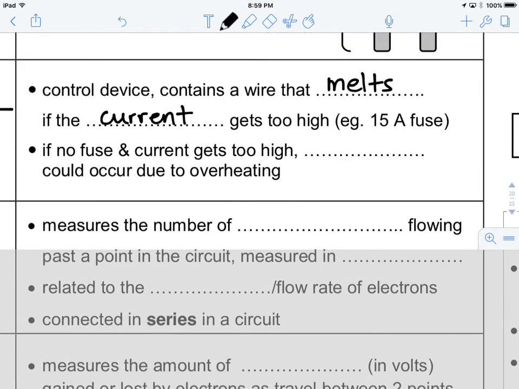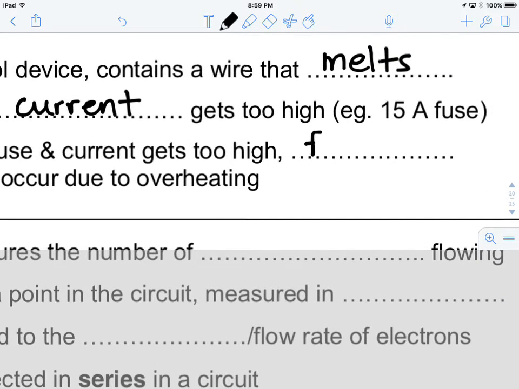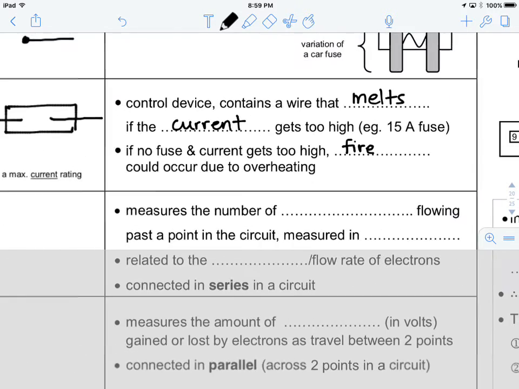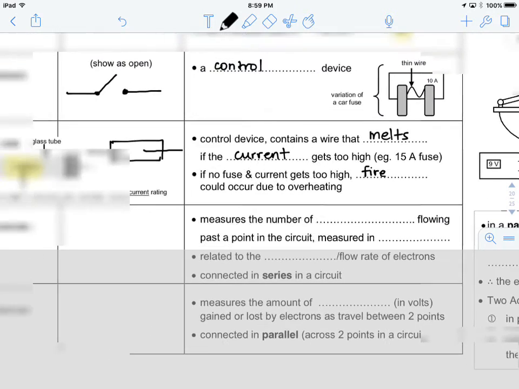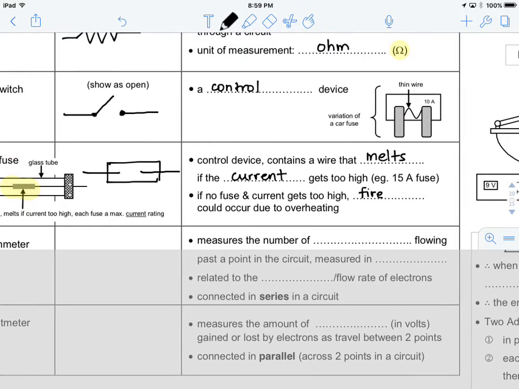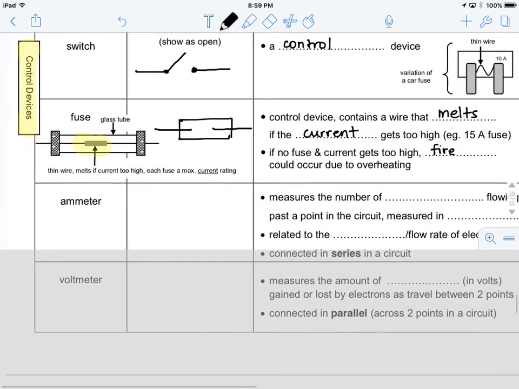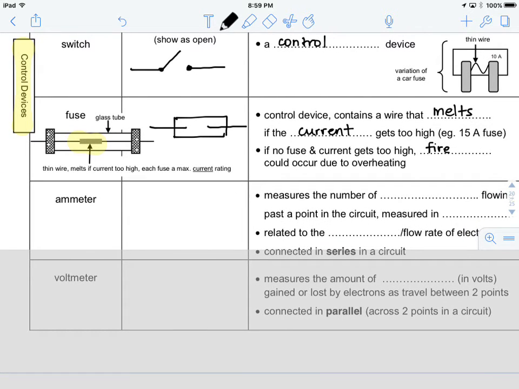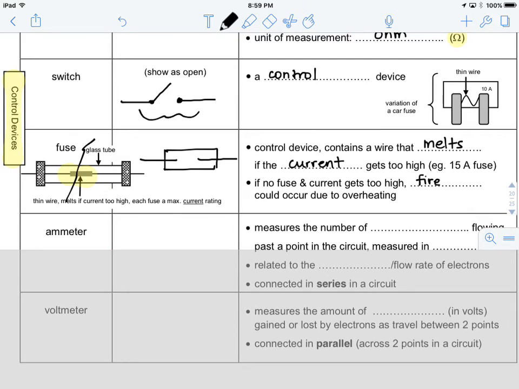So if there's no fuse and the current gets too high, fire could occur due to overheating, because when current runs through a wire, that wire will get hot because of resistance. We're going to talk a lot more about that, but a fuse is a safety control device, and it'll melt. And of course, as soon as this wire melts in the middle, it's an open circuit, and it's kind of like having an open switch, and current can't flow anymore.